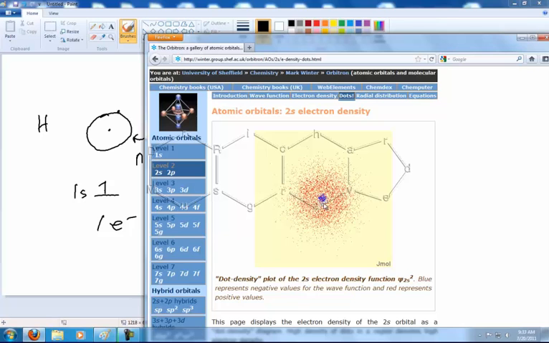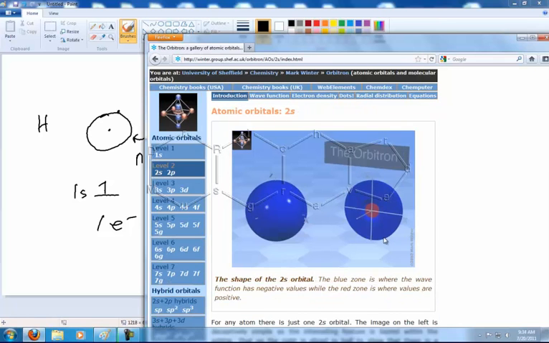It's hard to see in this diagram, where you would expect to find no electrons. These 2 different colors are representative of what we call phases, and these phases are going to be useful when we talk about combining atomic orbitals. But for now, don't worry about them too much. They still represent areas where we could expect to find the electrons, and we've got this nodal space in here, an area where we don't expect to find electrons at all.